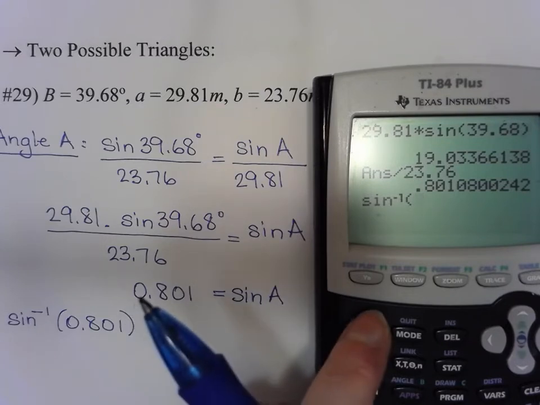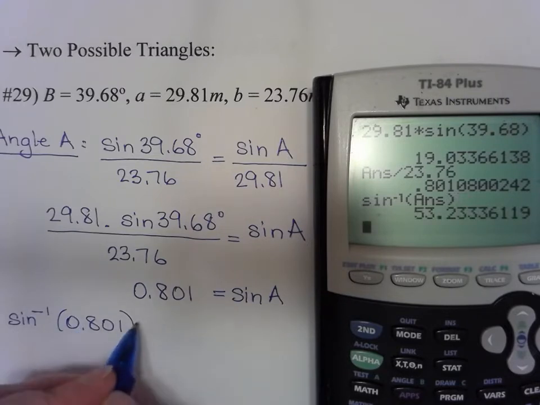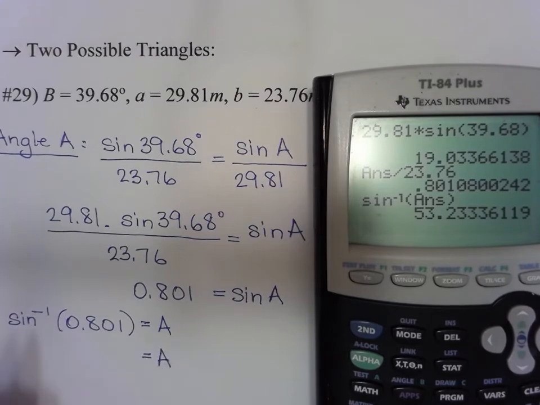If you do second and then push the negative key down there at the bottom, it'll put in that whole number with all the decimals, without rounding. So if we do that, it gives us A. So A would be 53.2, how many digits are we doing? 4 digits, 0.23 degrees. All right, so that's one possibility.